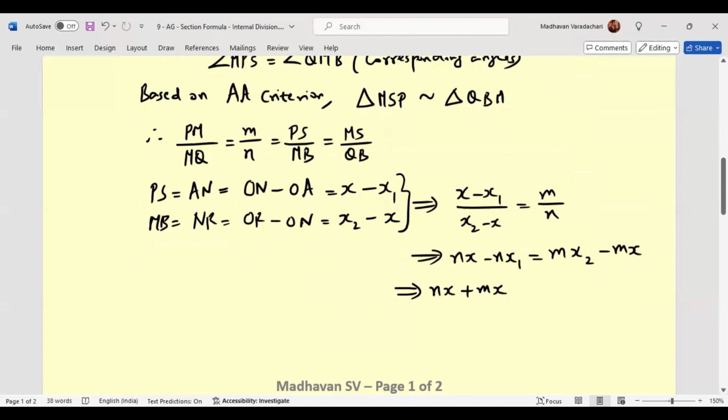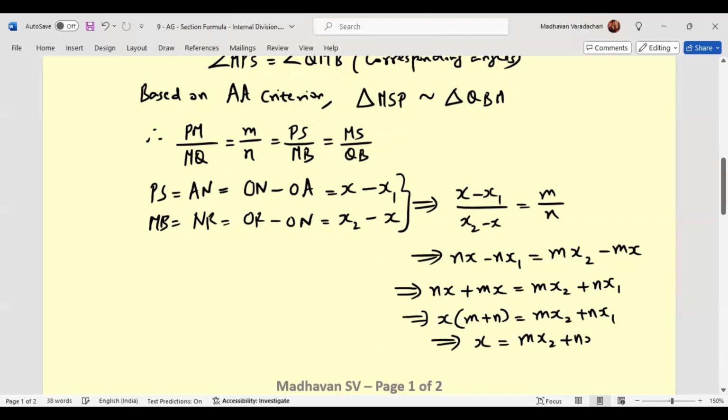Minus mx to the left-hand side becomes positive. This is mx2. And take this negative nx1 from left to right, it will become positive. So we can say x times (m plus n) is equal to mx2 plus nx1, which means our x value will be (mx2 plus nx1) divided by (m plus n).